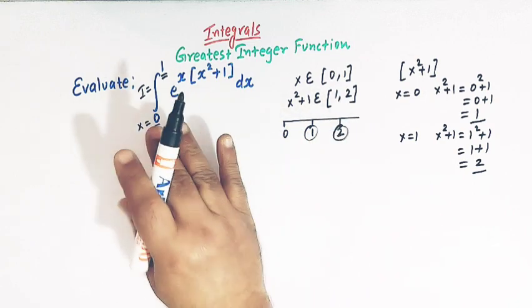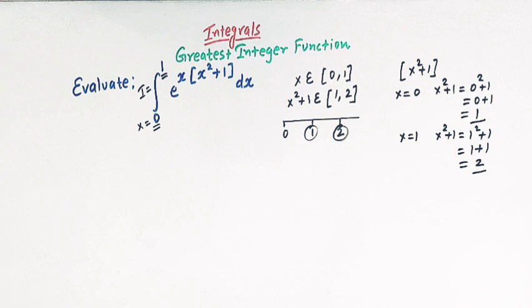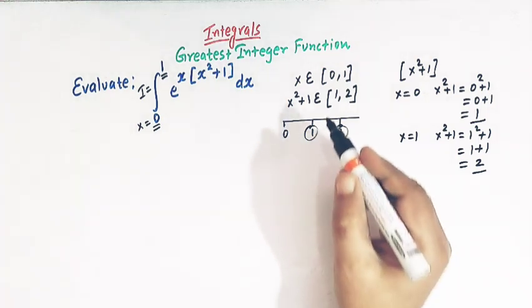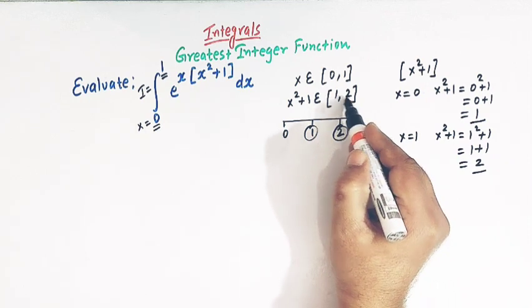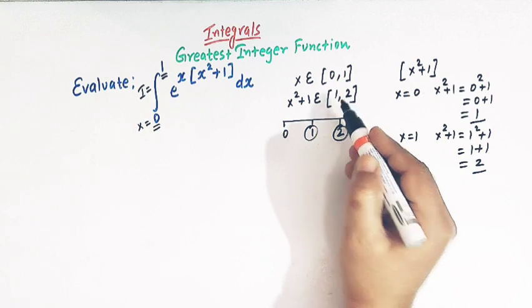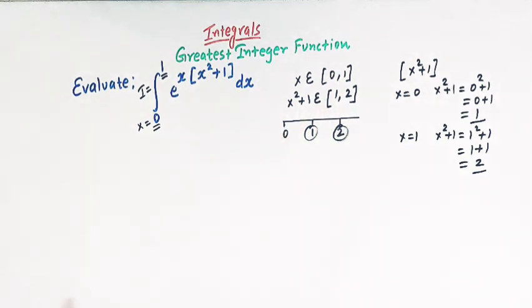This problem is a very elementary problem, but we can come across problems where we may have integers between these two numbers. We have already discussed these types of problems in our earlier videos.